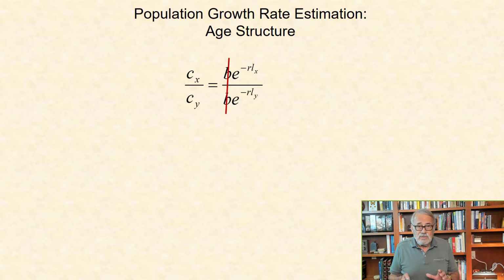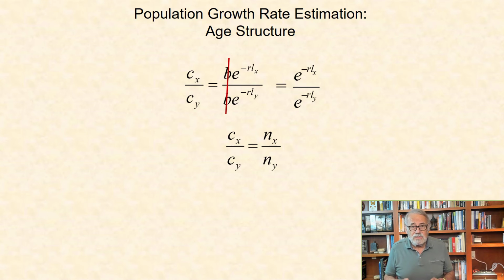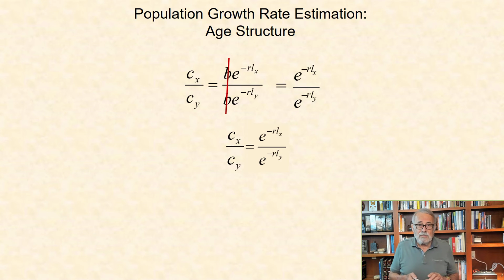With birth rate b canceling out in both the denominator and numerator, we have the ratio of the two exponential terms to the right, which equals the ratio of the fraction in each age class. Solving for r in this expression yields this formula where t1 and t2 equal the ages x and y respectively.